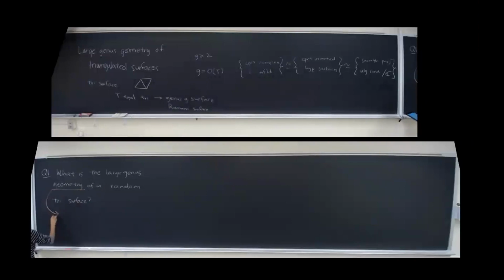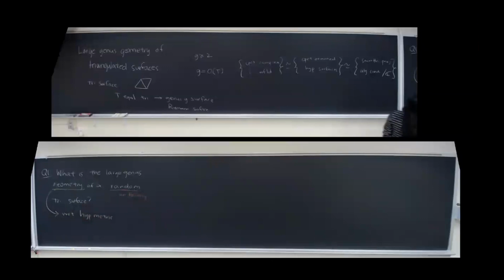Geometry is going to be with respect to the hyperbolic metric. So we're interested in looking at various geometric quantities, for instance, like diameter. Randomness is going to be uniformity.